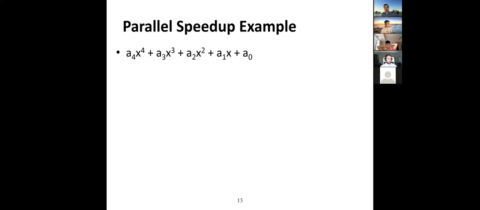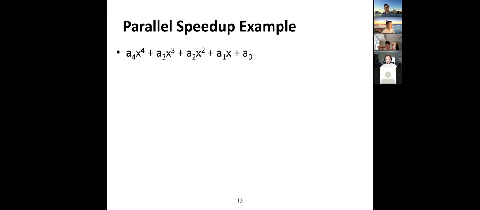So I'll give you the first exercise here, and essentially we're going to try and parallelize this computation. The first question to you: how quickly can you execute this on a single processor, single threaded machine, assuming that addition and multiplication each take 1 cycle?